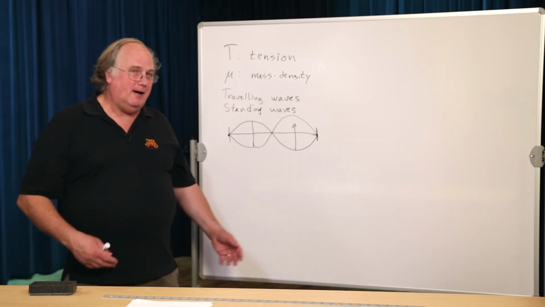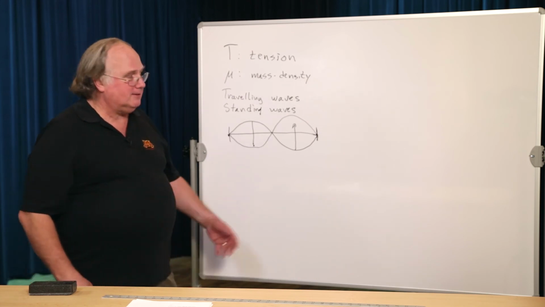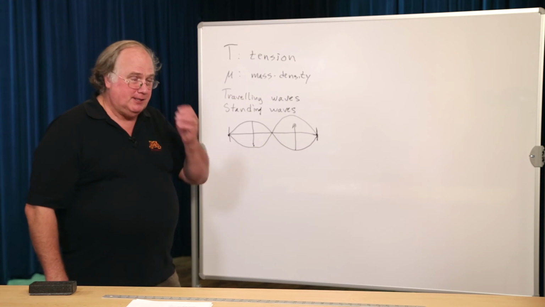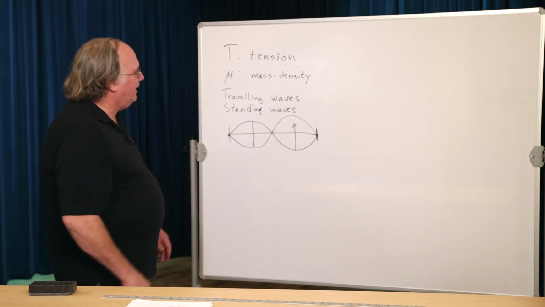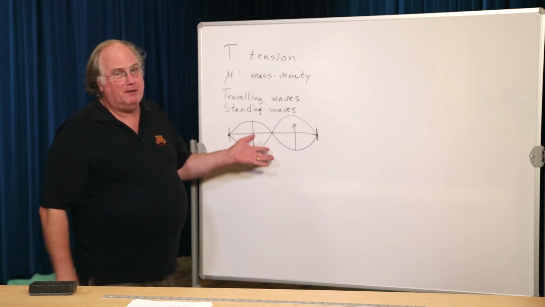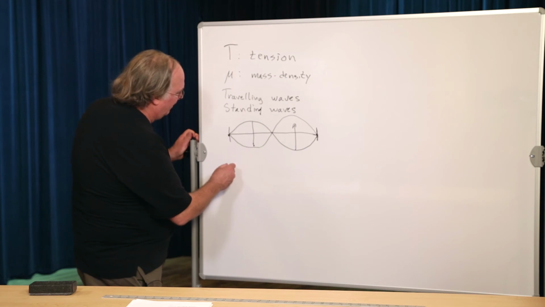This is the kind of wave that the guitar string has. This is the wave most musical instruments are aiming at. You just bounce things back and forth. This isn't the only standing wave. There are others. This is just the easiest one to draw.